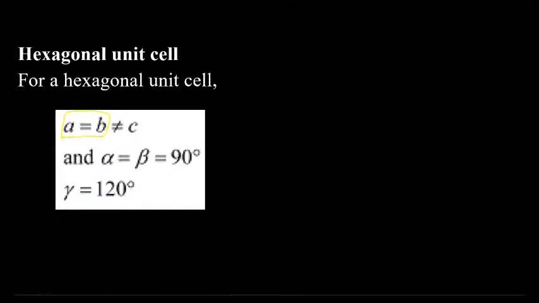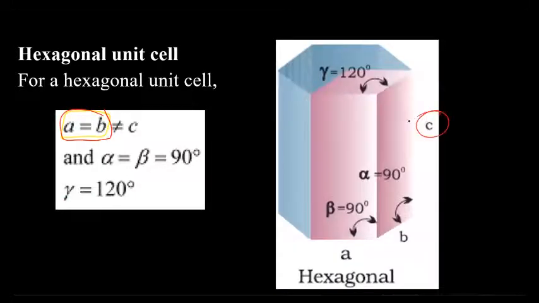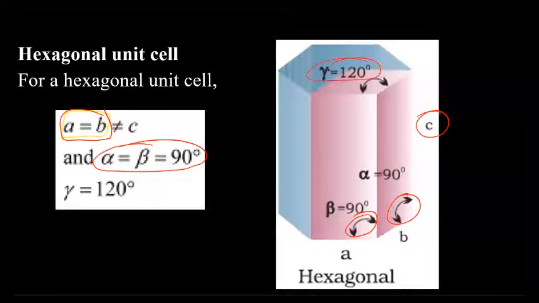That's why A and B will be equal. But C was not equal because here it was the height of the hexagonal prism basically. Then alpha equals beta equals 90 degrees. These two angles are equal. But gamma is 120 degrees. This is what you need to write, nothing else. Even if you don't draw the diagram, you will get the marks.